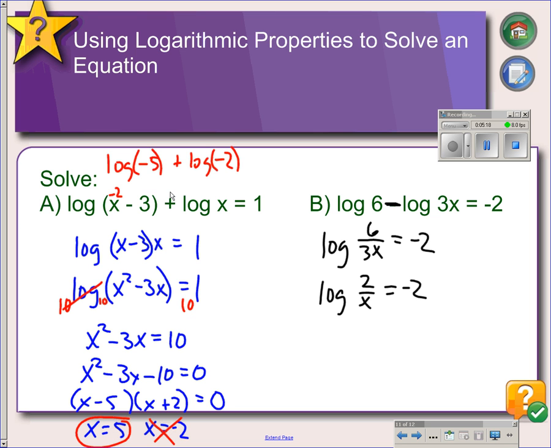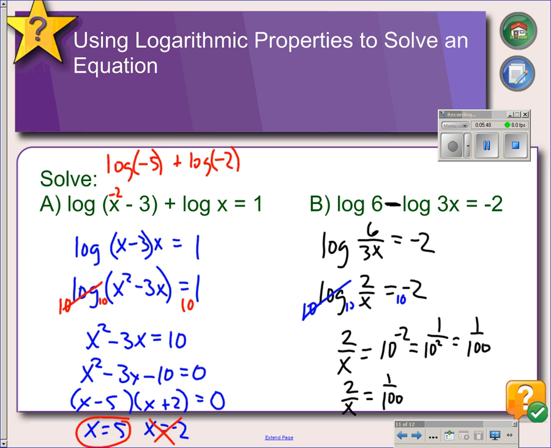Since this is again an unwritten base, it is a base 10, so we put in a base 10 to cancel the log. And we have 2 over x equals 10 to the negative 2. Negative exponent means make a reciprocal, so that's 1 over 10 squared. 10 squared is 100, so we have 2 over x equals 1 over 100.